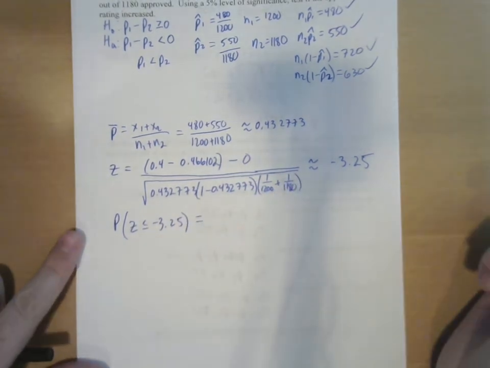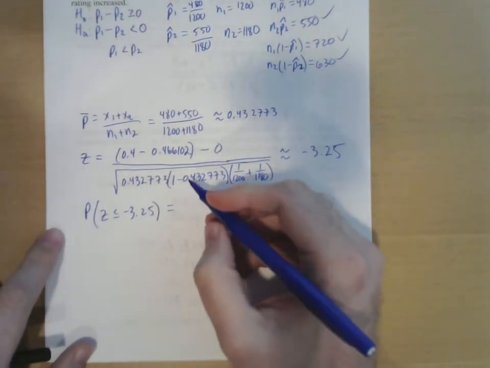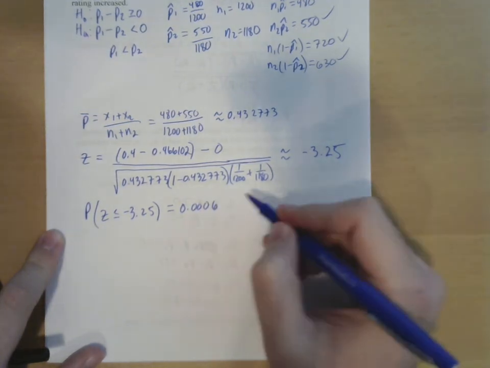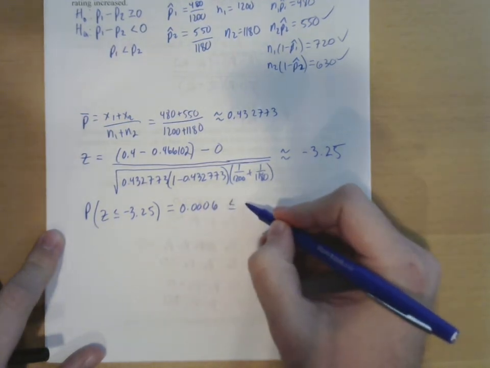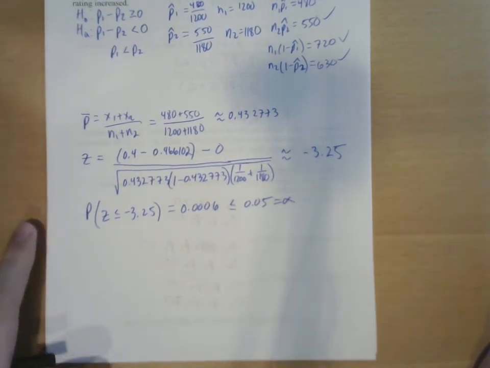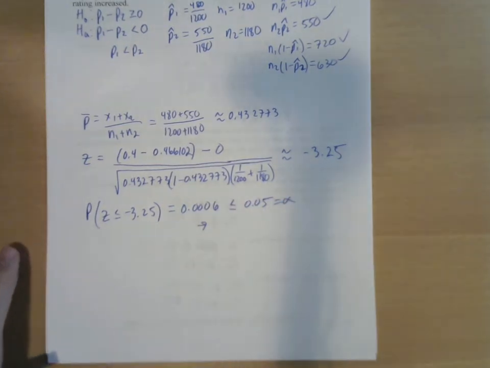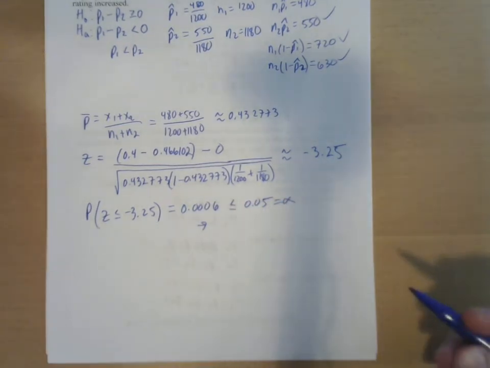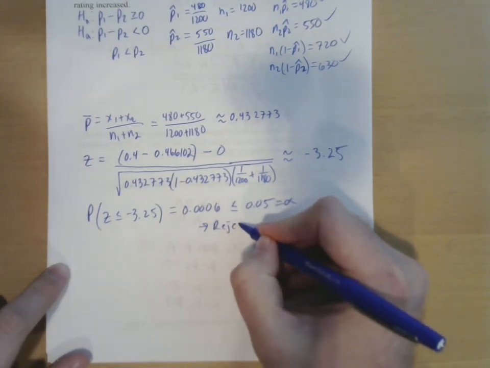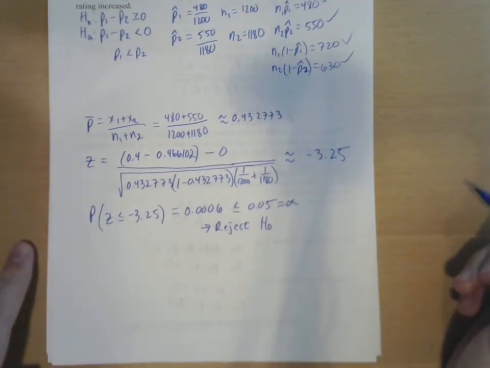In our z-score, either using the calculator or looking at the tables, we get 0.0006. This is, of course, less than or equal to 0.05, our alpha value. And when we're less than our alpha value, we always reject the null hypothesis, H naught.